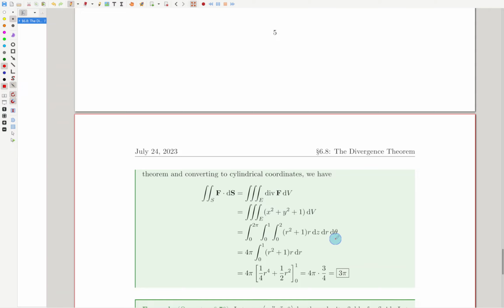The theta integral is just going to contribute a 2 pi, and the z integral is going to contribute a 2. So altogether, those two give you a 4 pi, and then you're left with the integral of this from 0 to 1, which is right there. That's easy enough to integrate. That's a polynomial, so you can go ahead and do that, and you end up with 3 pi.